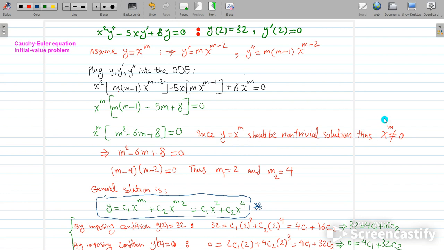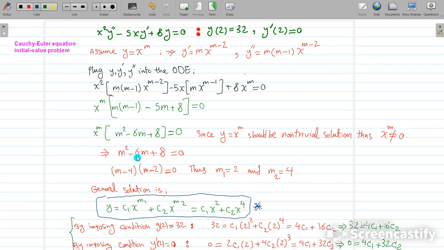If x to the m times the terms inside the bracket is 0, it means this should be 0 or that should be 0, or both. But we know x to the m cannot be 0 because y is not trivial. That's why we conclude that the terms inside the bracket should be 0.